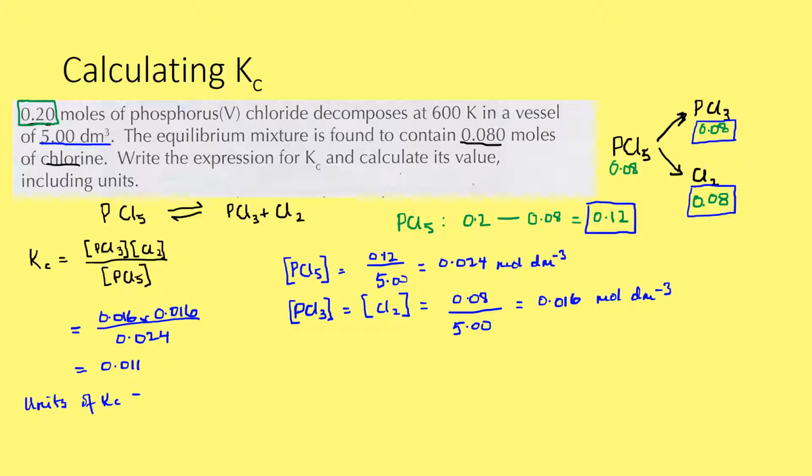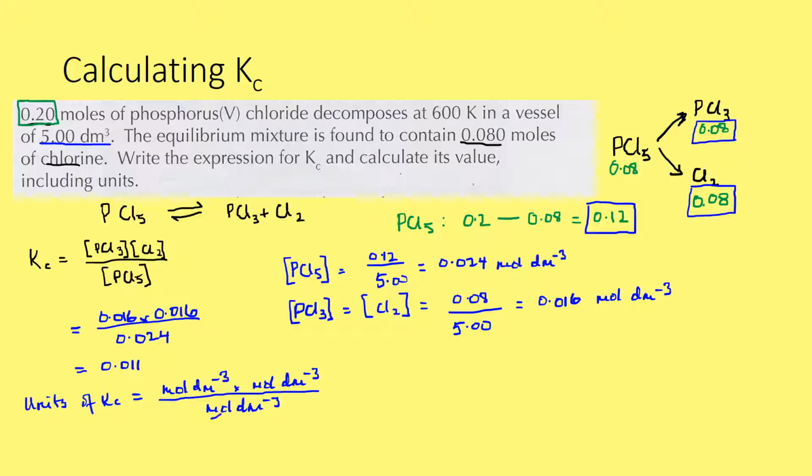So in the same way, we're going to work out the units. We're just going to go back to the original expression for Kc and put units in there instead of numbers. So we're dealing with concentration. We've got two concentrations on top, so mole per dm cubed times mole per dm cubed for the two products, and that's over moles per dm cubed for the one reactant.